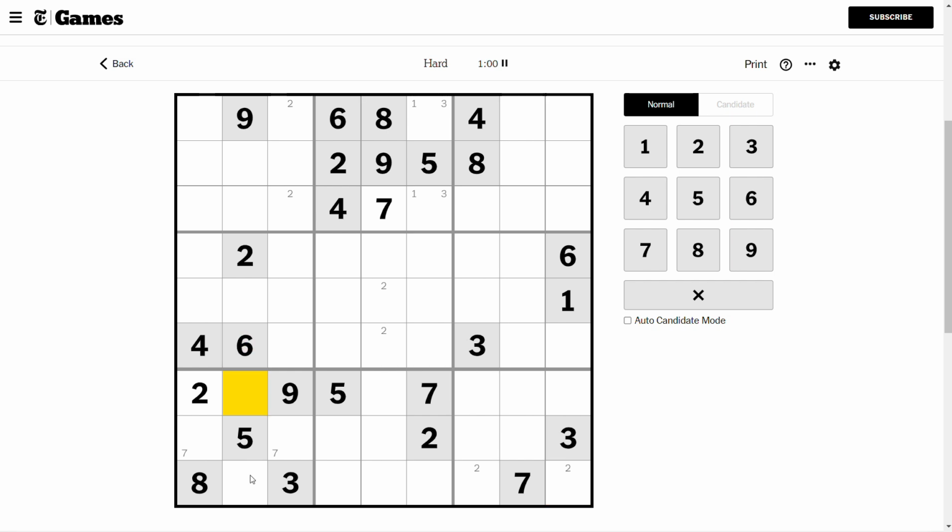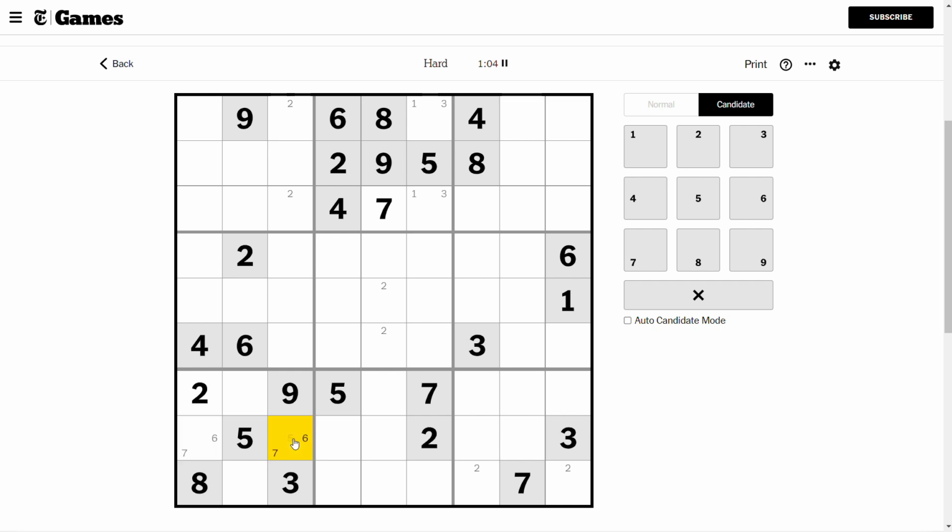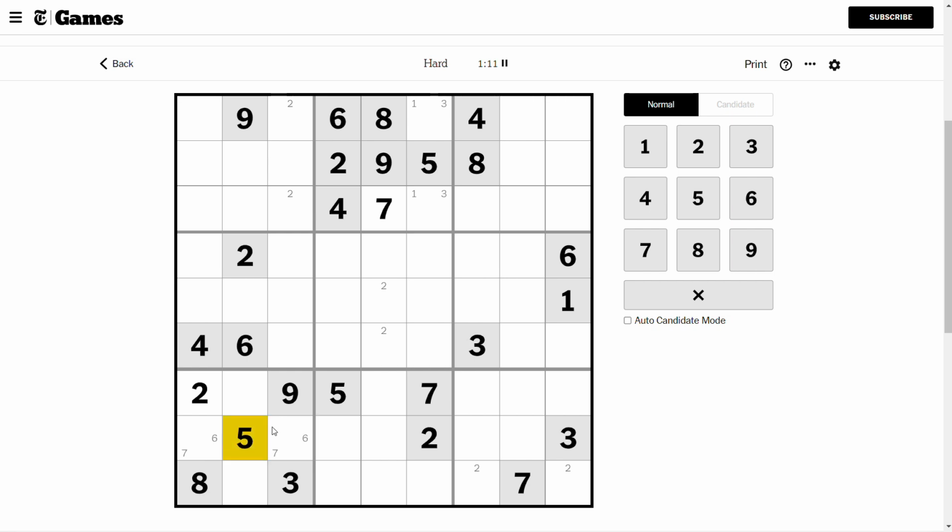This 6 points down. So in block 7, the digit 6 is forced into one of these 2 cells, and these 2 cells form a 6-7 pair. Because in block 7, the digits 6 and 7 are still missing, and these 2 open cells cannot contain 6 or 7. So both 6 and 7 are forced into one of these 2 cells, and they share the same 2 cells.